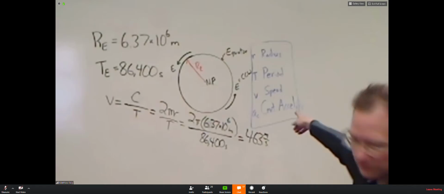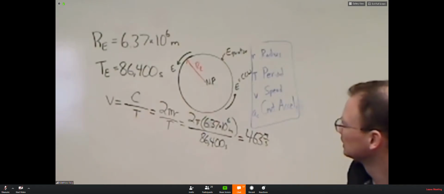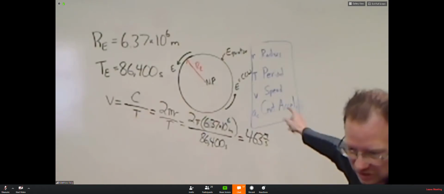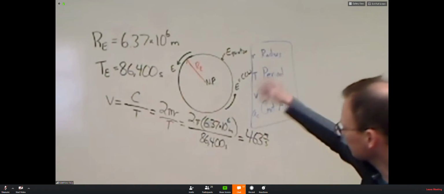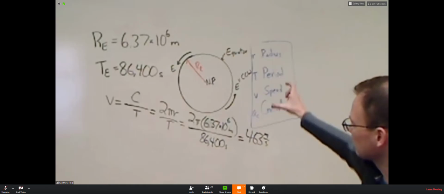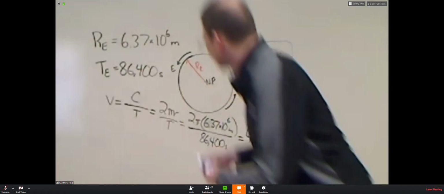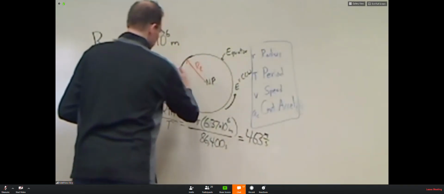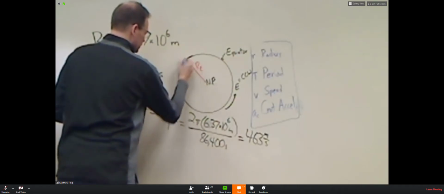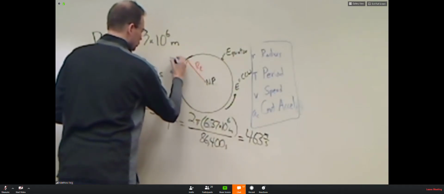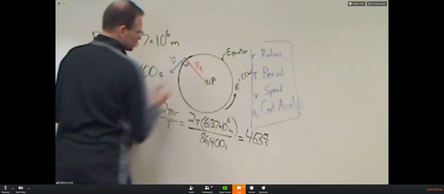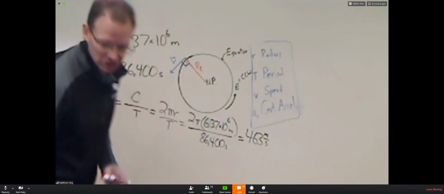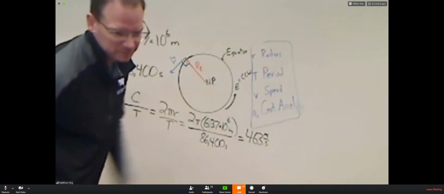And then how do I get centripetal acceleration? Centripetal acceleration is v squared over r. I want to know how fast you're moving around the circle, and I want to know the size or radius of the circle. And this is our typical picture. We've drawn this one before. Velocity would be like that, at 90 degrees to the radius. And then what direction does the acceleration point?